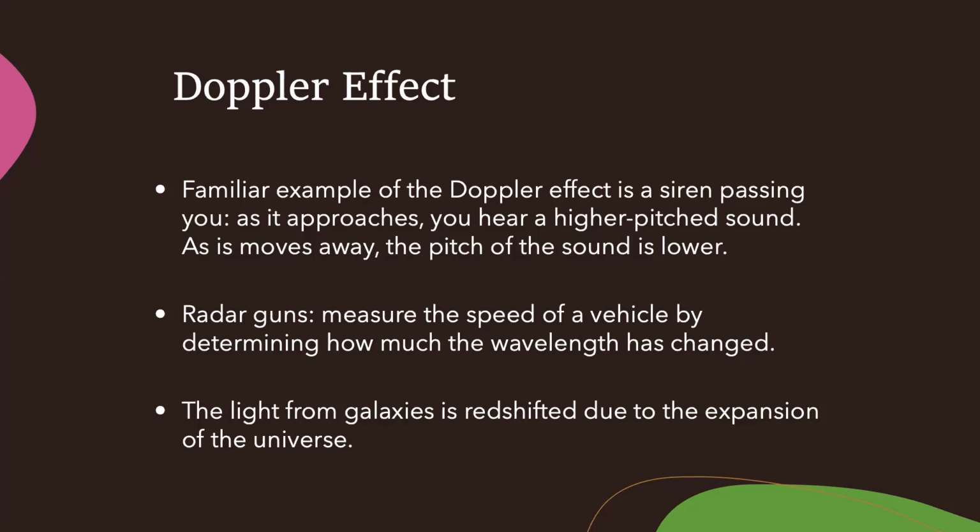And based on the frequency that the radar gun picks up, it can actually figure out how fast you're moving towards the radar gun. So basically, how much red or blue shifting happens helps us correlate that with how fast something is moving towards or away from us.